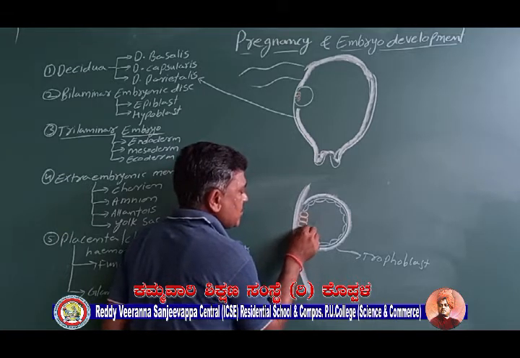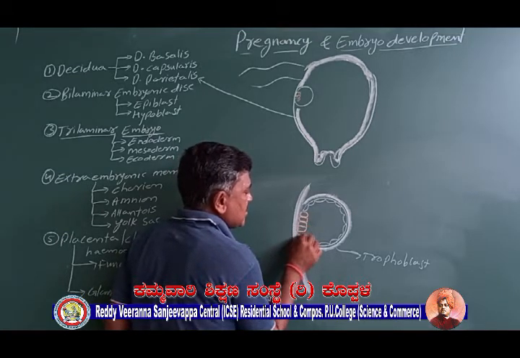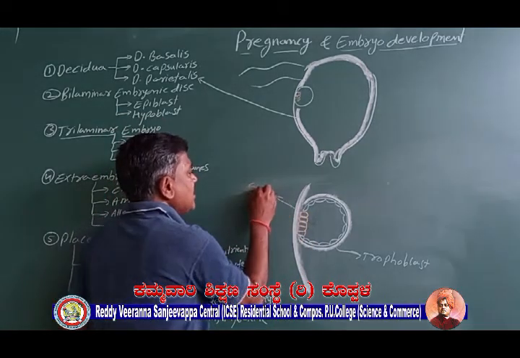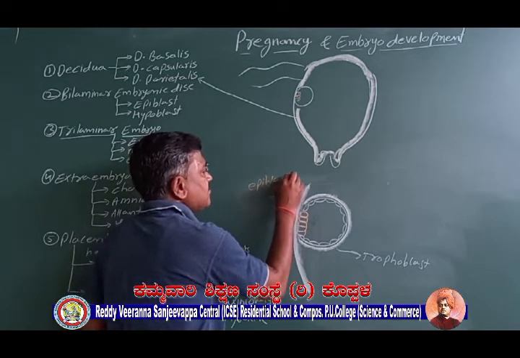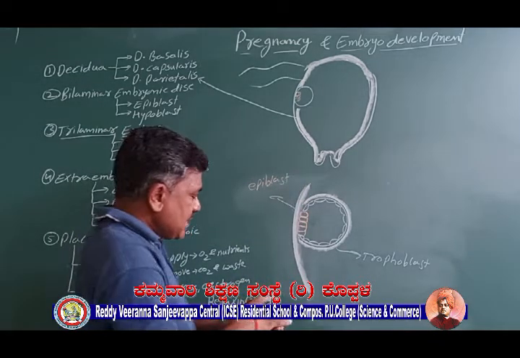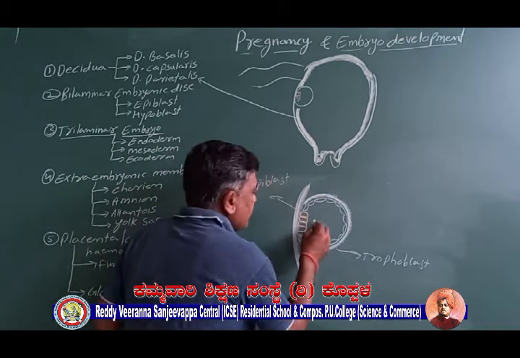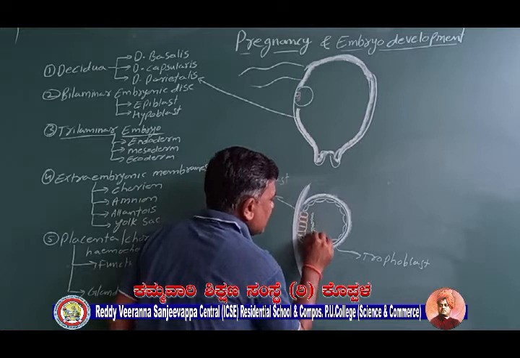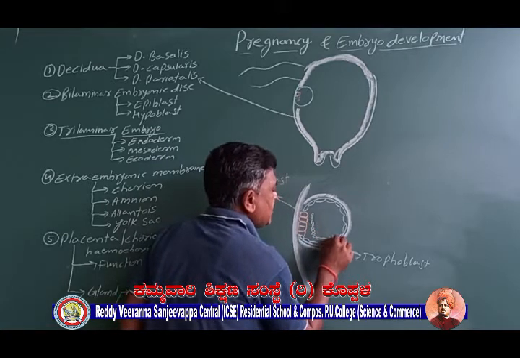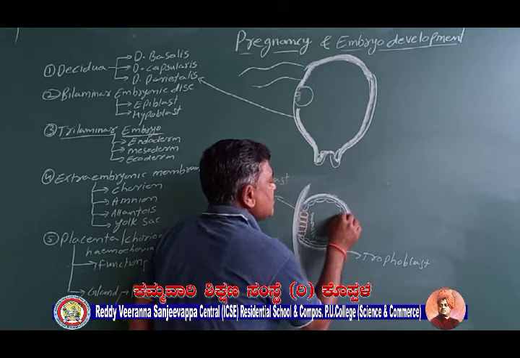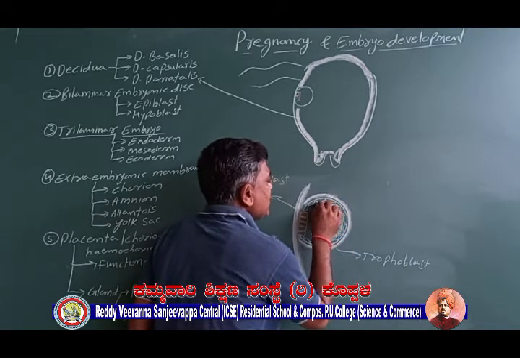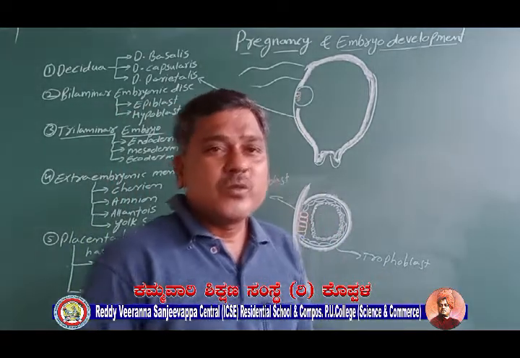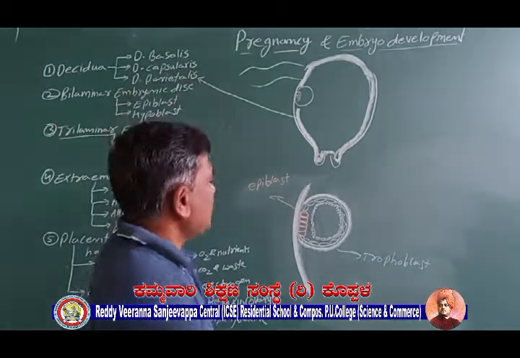Now, this is the epiblast region, and there is a presence of hypoblast. Now this hypoblast, what is it doing? It slowly grows, multiplies, new cells are formed, and these new cells cover the total free cavity present in the trophoblast.